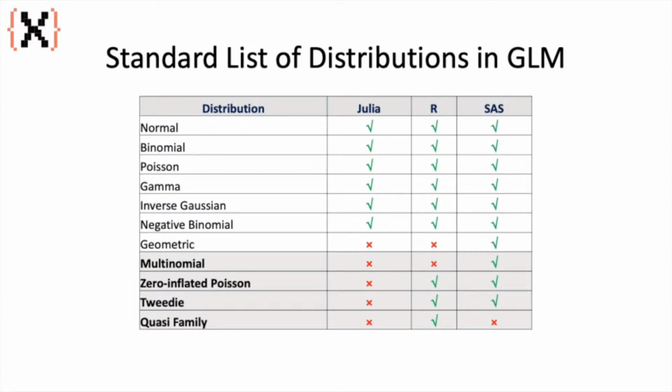But R and SAS both have a bigger ecosystem around generalized linear models. There are many extensions of R's GLM, especially zero-inflated models and so on, that are not available in Julia, at least in a stable version.